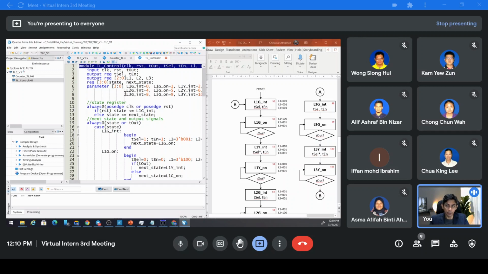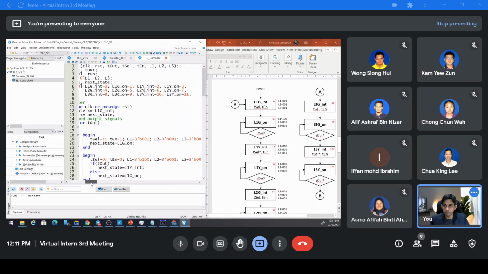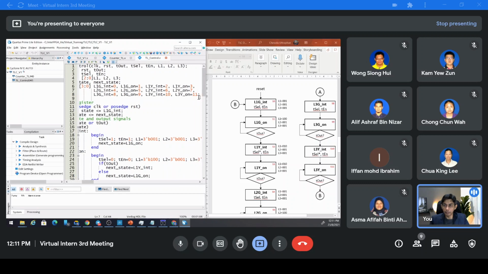So for example, L1G INT is this one, L1G ON is this one, and so on. All right, so this is state 0, this is state 1, and so on. So how many states do we have? We have up to state 11. In total, 12 states.